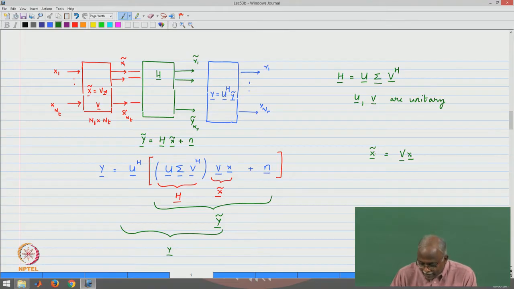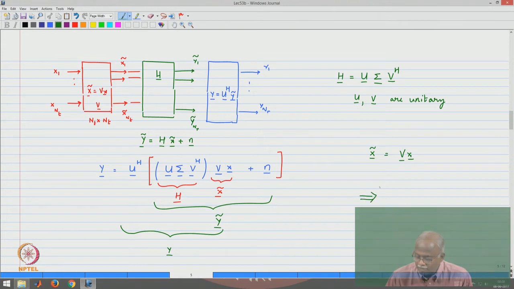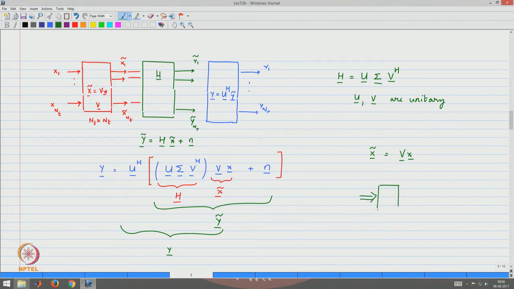Now this x tilde is passed through the channel. So if you think of it as a vector input to the channel H, this is x tilde and it produces the vector output y tilde, and y tilde is given by H times x tilde plus n, and then we process it subsequently using U Hermitian.